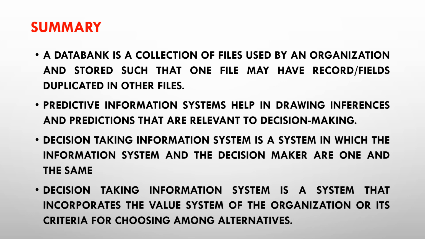Like some of you that use chatbots and online customer care, you see that anything that will be said is what the system values. It doesn't work outside the values of the system. So these are the types of MIS we have.